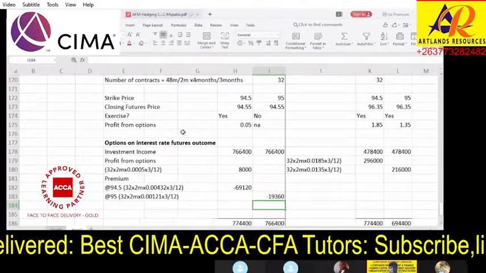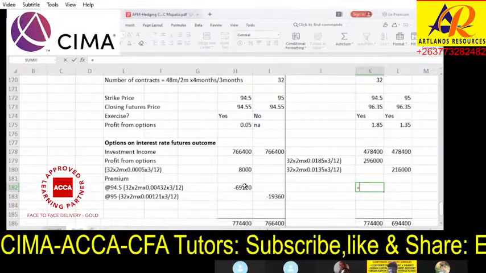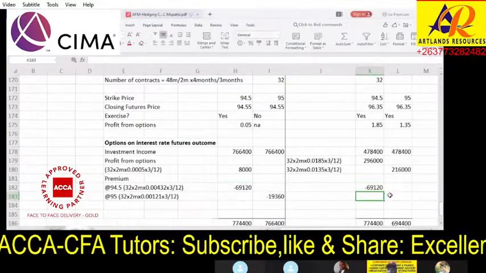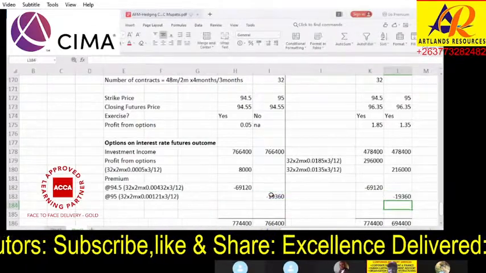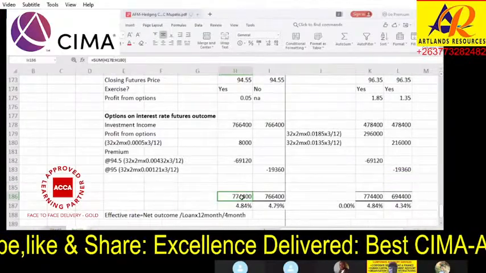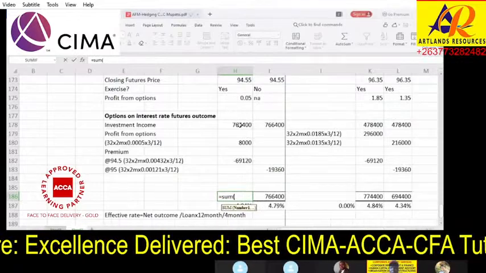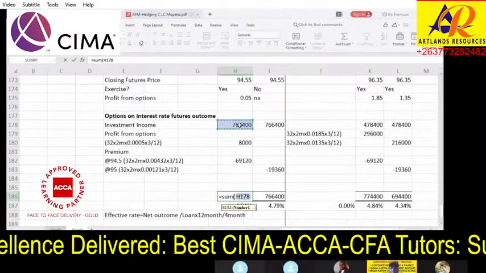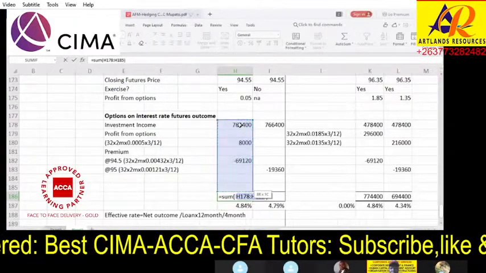So these are the premiums, and these are the same premiums here. They don't change. Equals this, and then it means your net outcomes there equal sum of all this, then close bracket, enter.